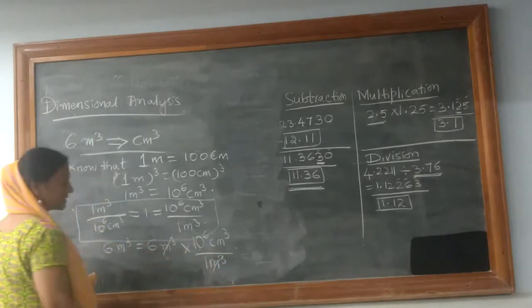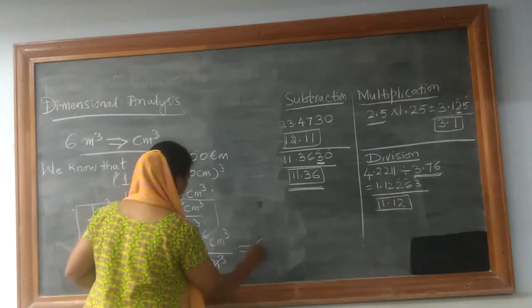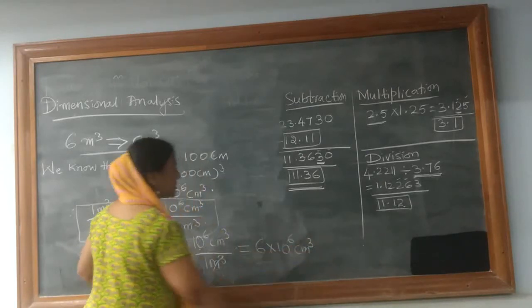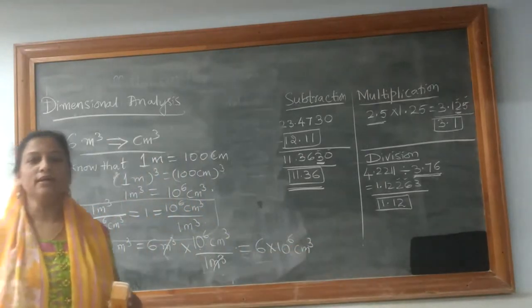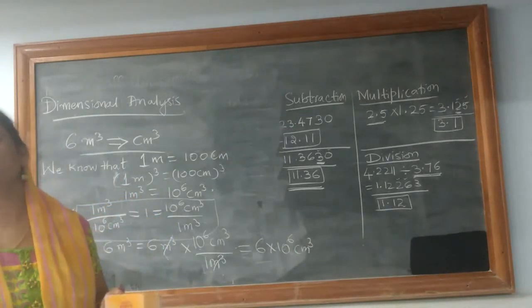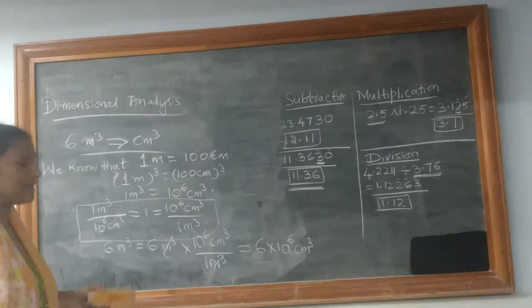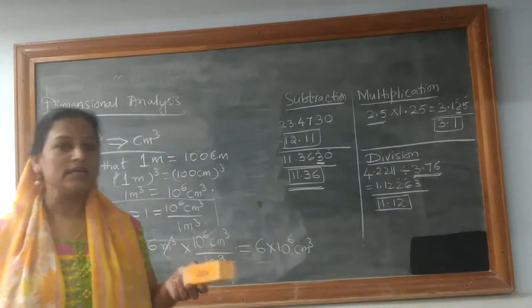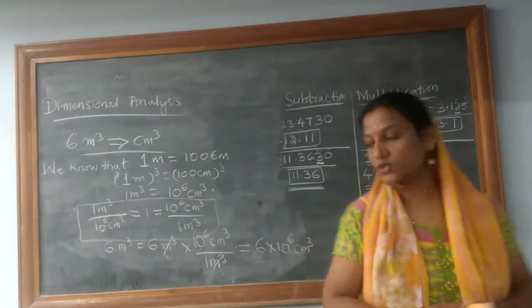Cubic meter gets cancelled on both the sides. The answer will be 6 into 10 raised to 6 cubic centimeter will be the final answer. So we have converted 6 cubic meter into cubic centimeter, which will be 6 into 10 raised to 6 cubic centimeter. I hope this concept is clear.